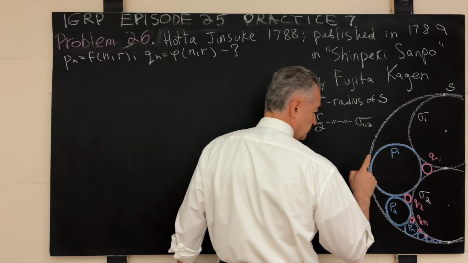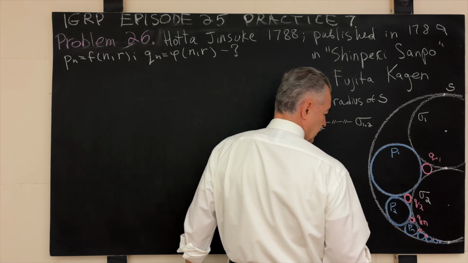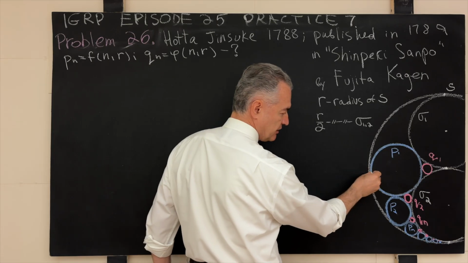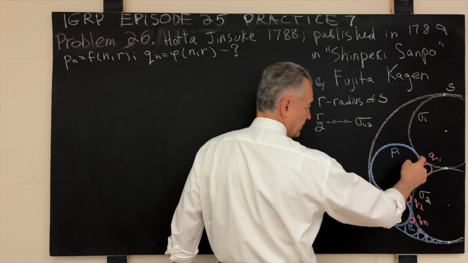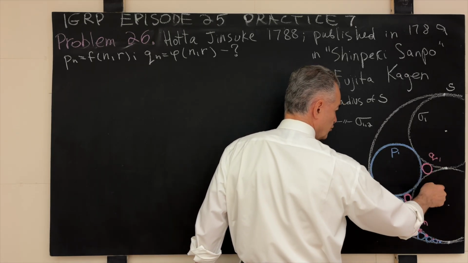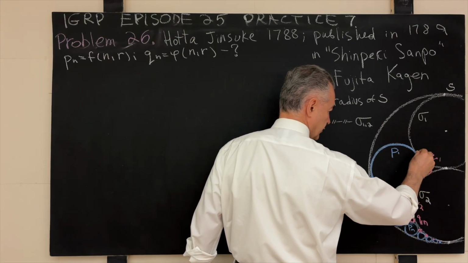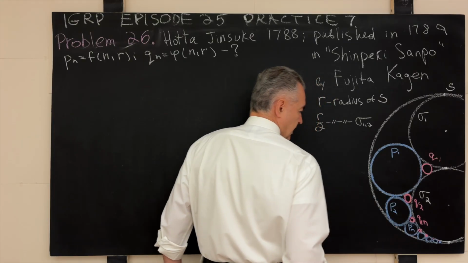The first blue circle, P1, touches the outer generating circle S internally at this point right here, and it touches the two smaller or inner generating circles, sigma 1 and sigma 2, externally, let's say here and here.